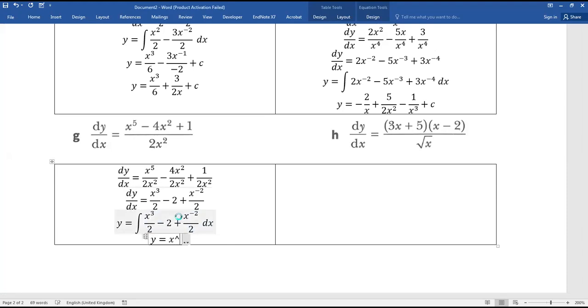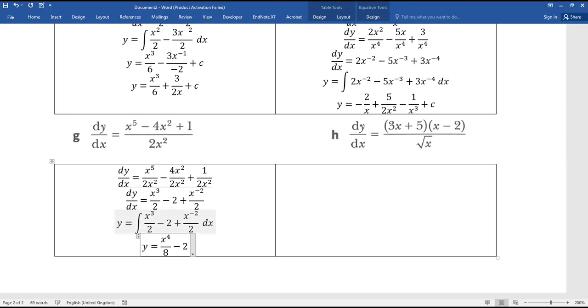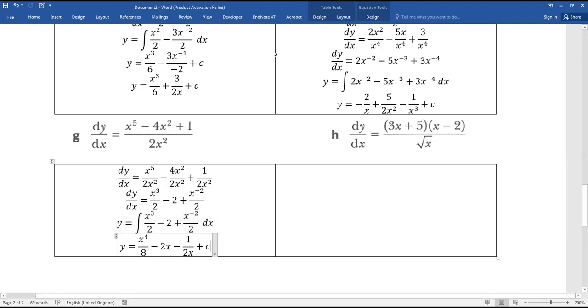So y will become x to the power 4 upon 8 minus 2x, and then this will become minus 1 over 2x plus c. Is this right? Is this what you're getting? Yes, sir, this is what I'm getting.